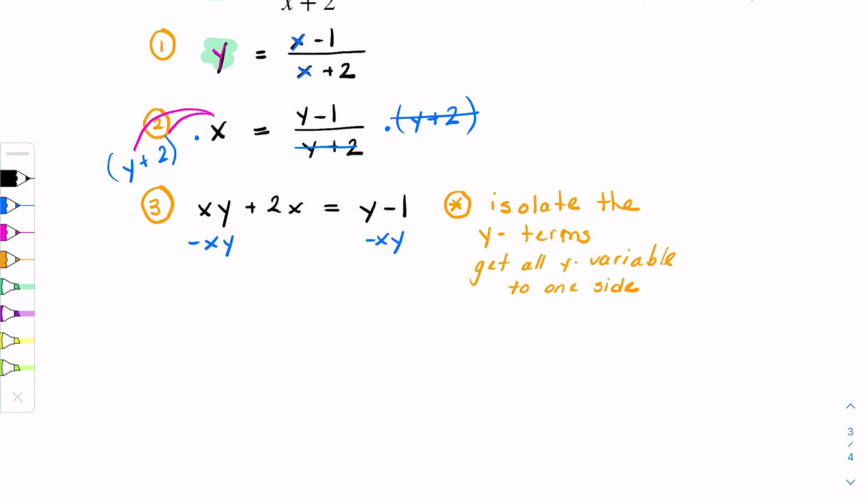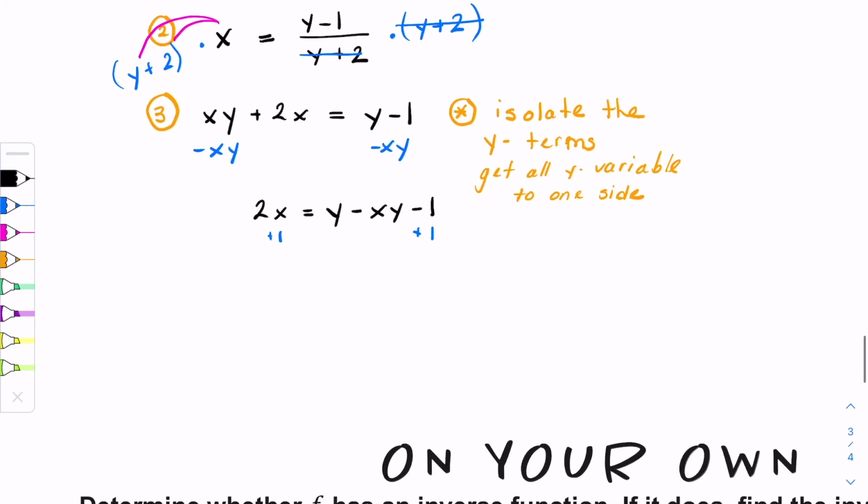That gives me 2x is equal to y minus xy minus 1. And then I'm going to add 1 to both sides. I could have done that in the same step, but I'm writing out all my work. We end up with 2x plus 1 is equal to y minus xy.